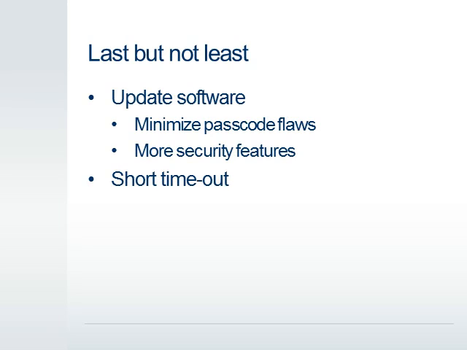The odds are the average pickpocket's not going to know the secret trick to unlock these things anyway, but it just improves your odds of them not knowing if you have the latest version of the software. Not to mention, each new operating system upgrade usually has some nifty new security functionality that will help you control your privacy or help keep thieves from being able to use stolen devices.